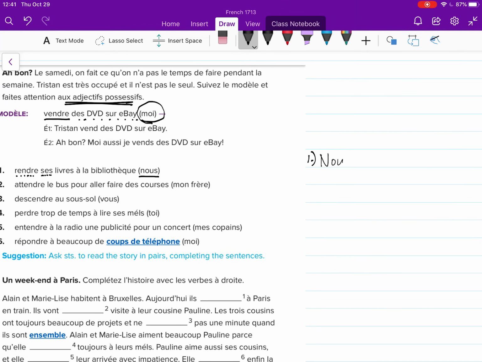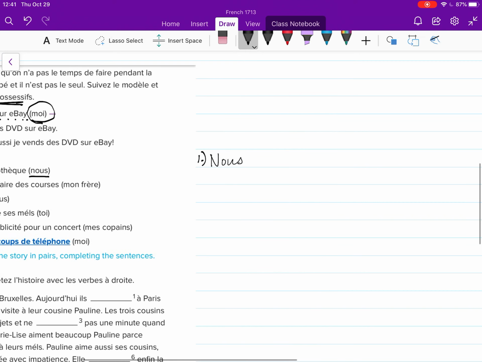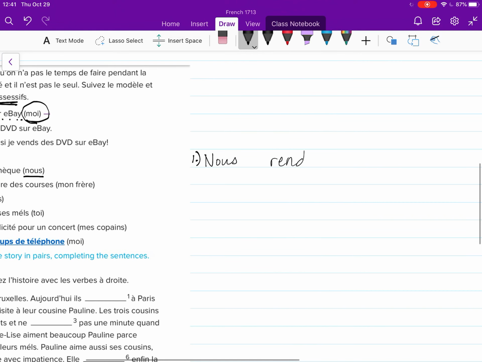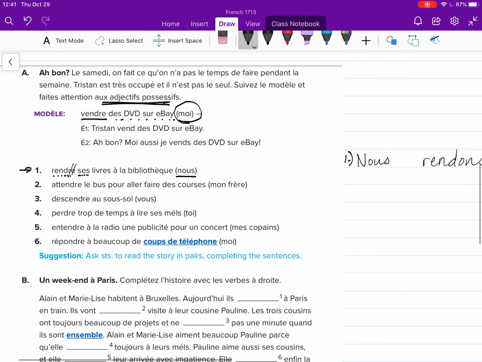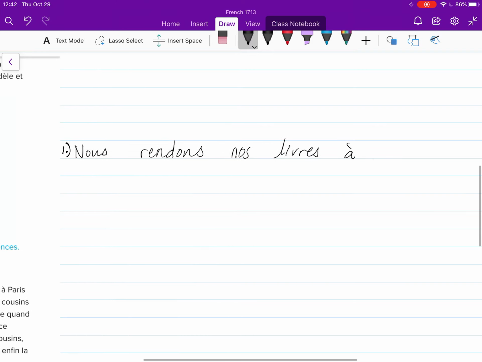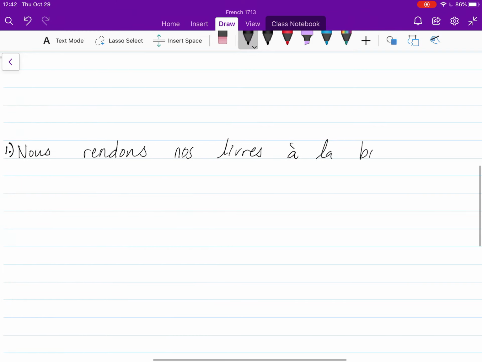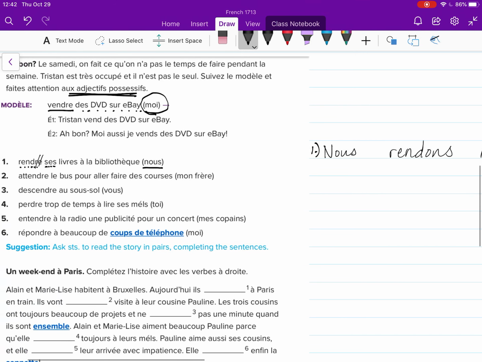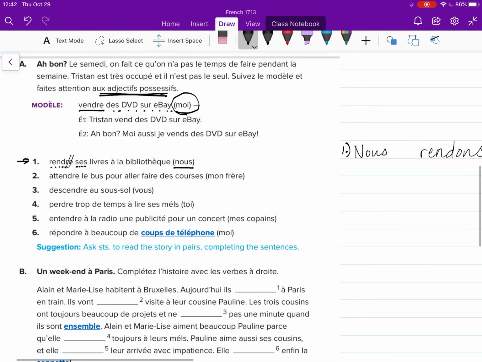I'm going to put nous. Rendre is my verb. I'm going to take off my RE and add my ending. Nous rendons. And then the possessive adjective. My ses will now become nos livres à la bibliothèque. Okay? So I've basically just conjugated it and filled out the rest of my sentence.